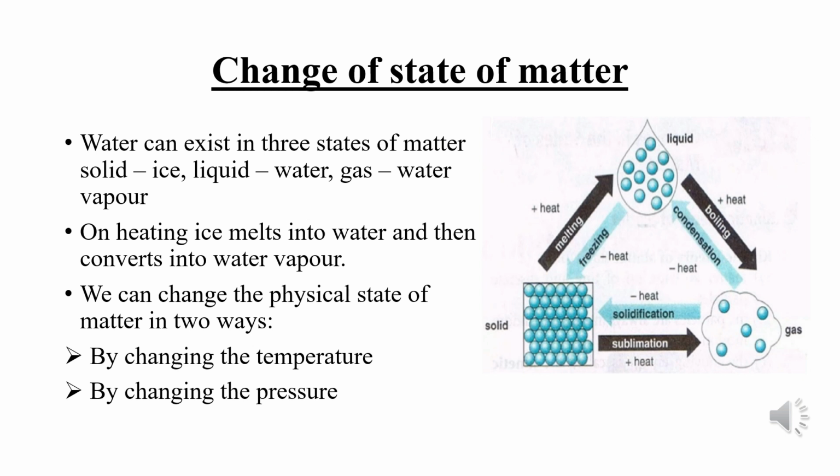Okay, children? So with the help of these three factors, we will be able to understand how a change in the state takes place. I repeat, children, spaces between the particles, the force of attraction between the particles, and kinetic energy of the particles. These are the three important factors which will help us in determining how we can change the state of matter from solid to liquid to gas.